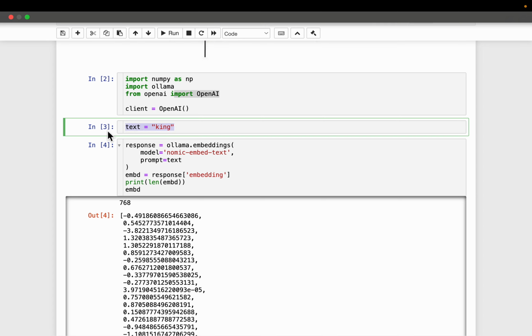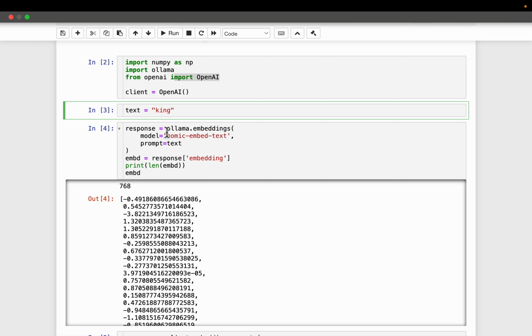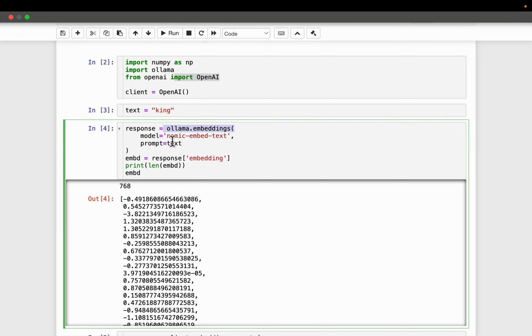So let's say we have some text. This can be anything. Let's say it is king. Now here we are using Ollama and our embedding model is nomic-embed-text. This is the most downloaded embedding model from Ollama.